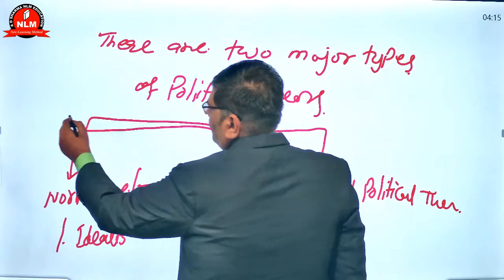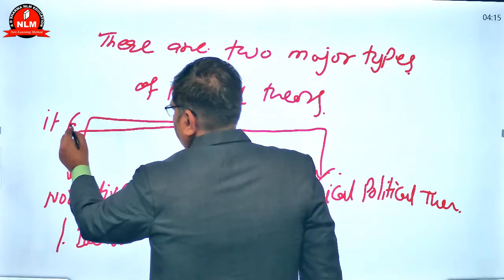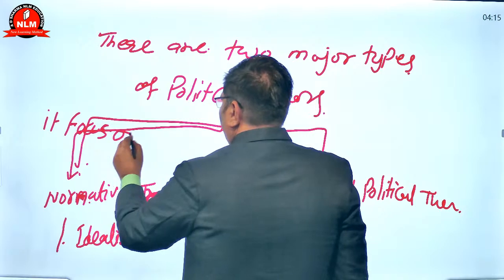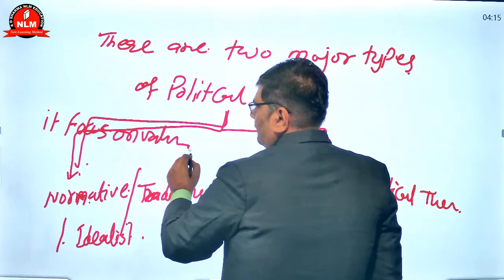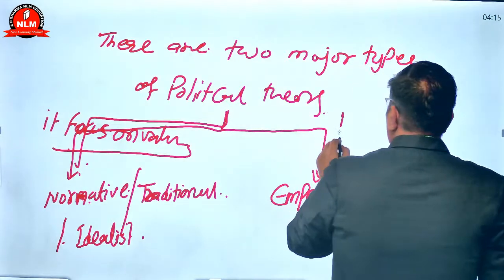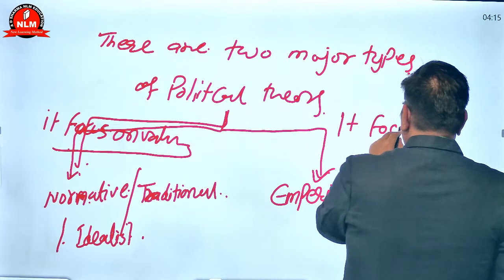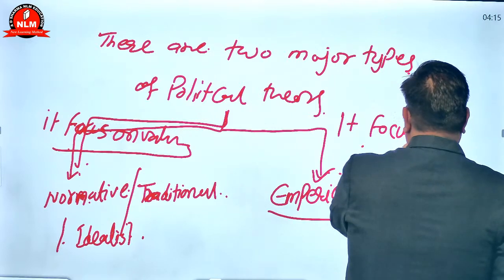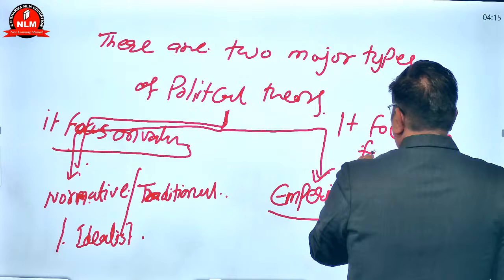It focuses on values and ideas. And second, empirical political theory focuses on facts and scientific techniques.